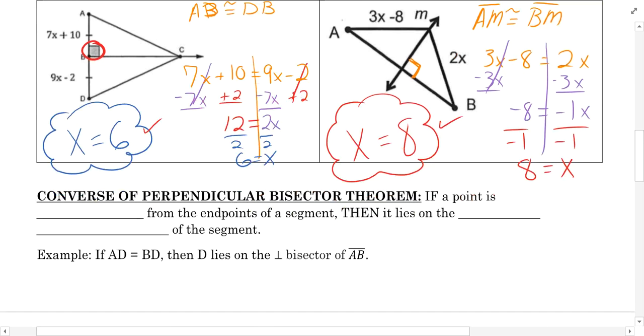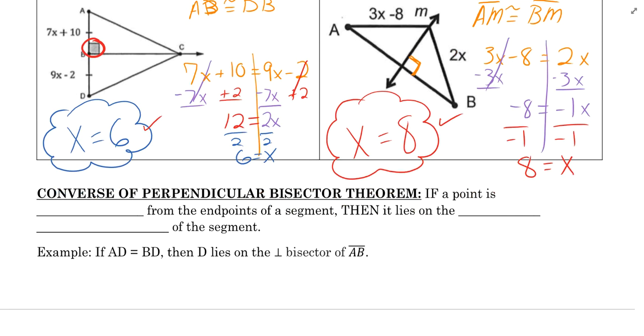So our converse of the perpendicular bisector theorem would state if a point is equidistant from the endpoints of a segment, then it lies on the perpendicular bisector of the segment. Notice that we just reversed the if and then statements.